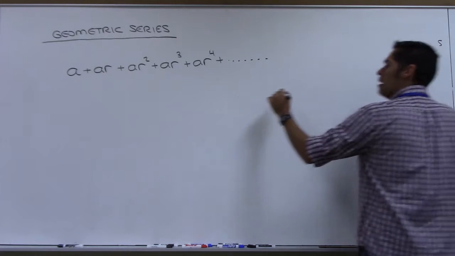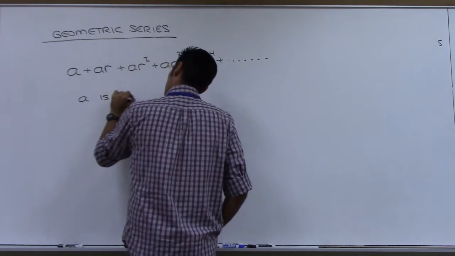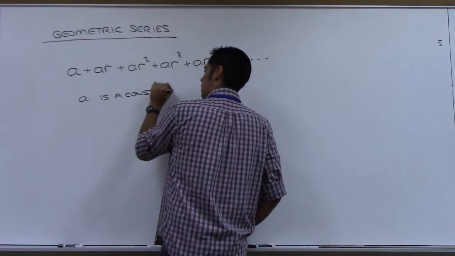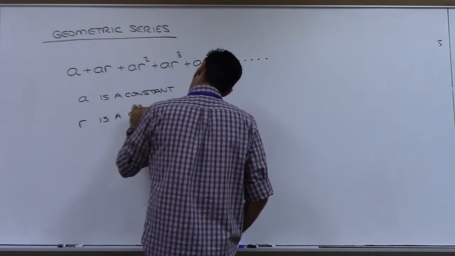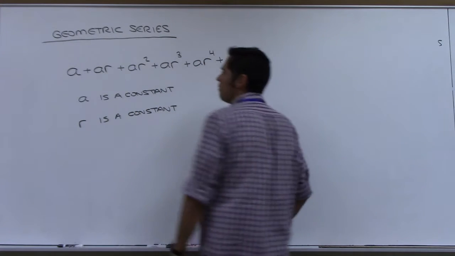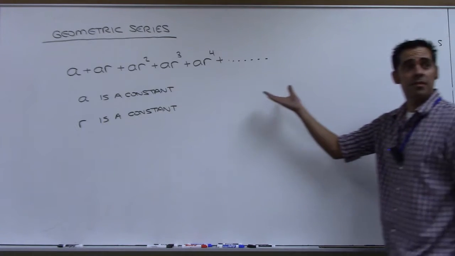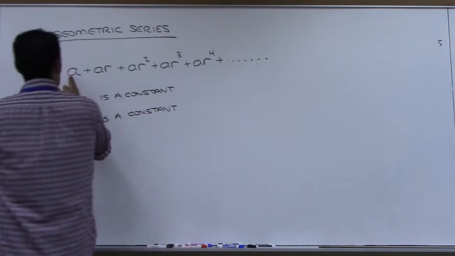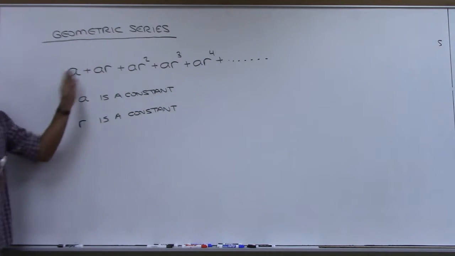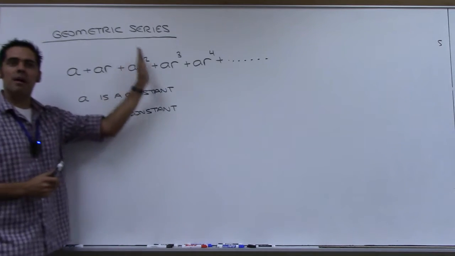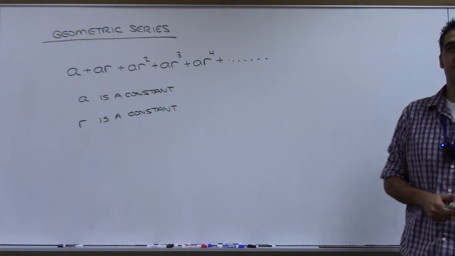Here, A is a constant, and R is a constant. So in the series, we have a number that never changes throughout the entire sum, and next to it a number whose power keeps going up every single time. That's what a geometric series is.